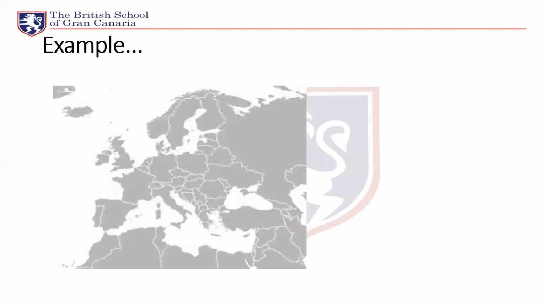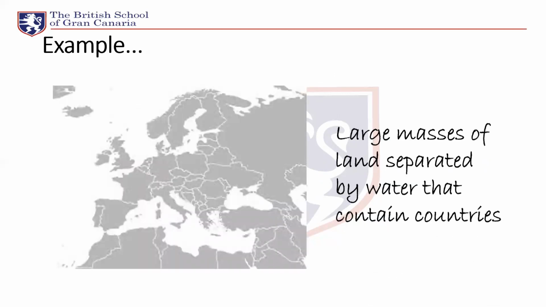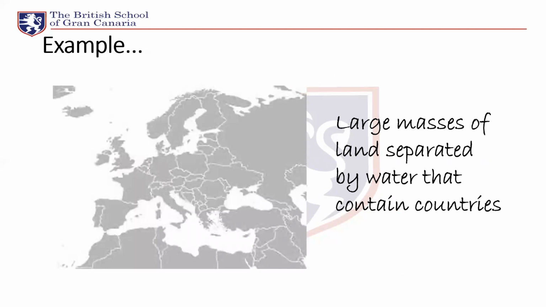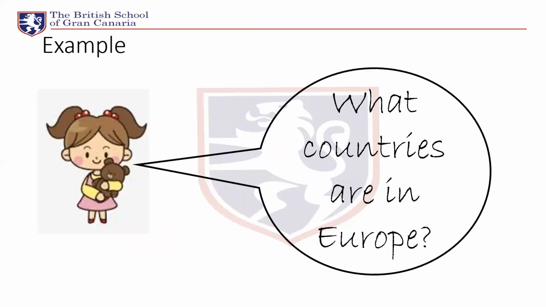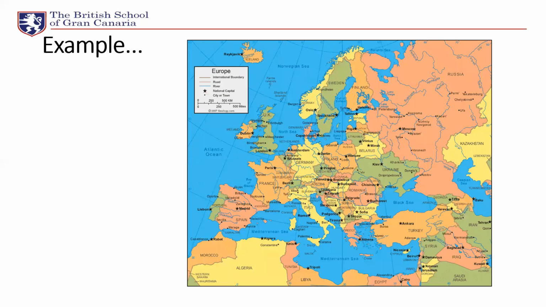A continent is simply a large mass of land that is separated by water that contains countries. Then little sister is going to say, but what countries are in Europe? Then you can tell her what countries are in Europe. You can tell her all about Europe because you can show her all the countries that are in Europe and talk about them. And even if she asks how many countries there are, you can ask her to count them.